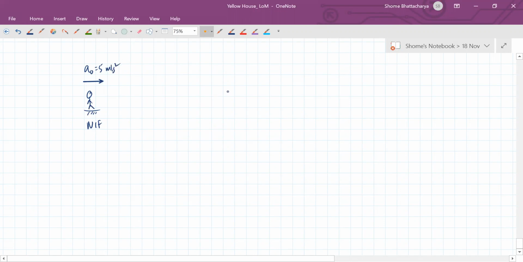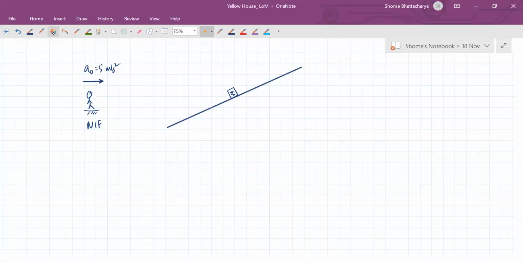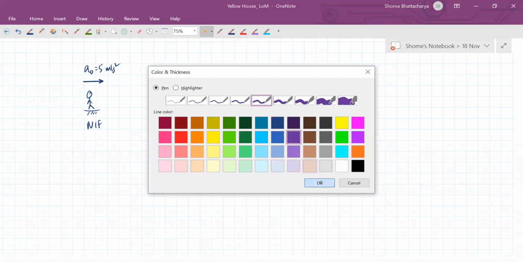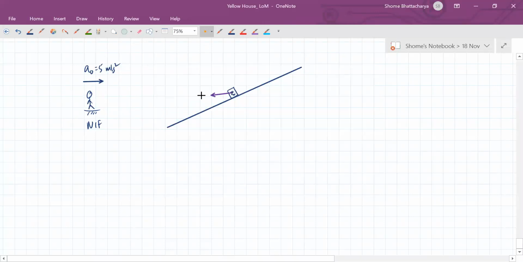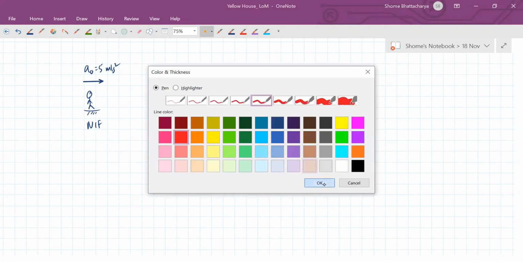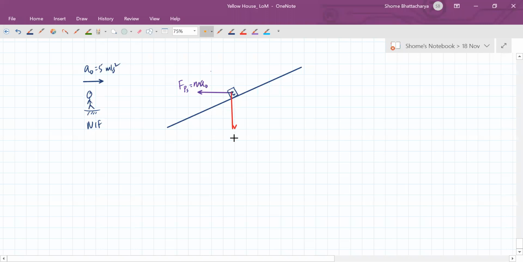Okay, and in that frame, the forces acting on this body are pseudo force m a naught in magnitude, opposite in direction, gravitational force, and normal reaction.